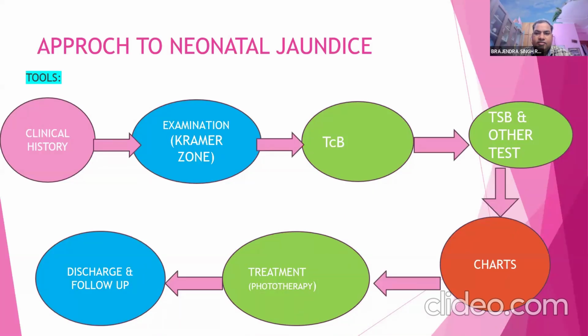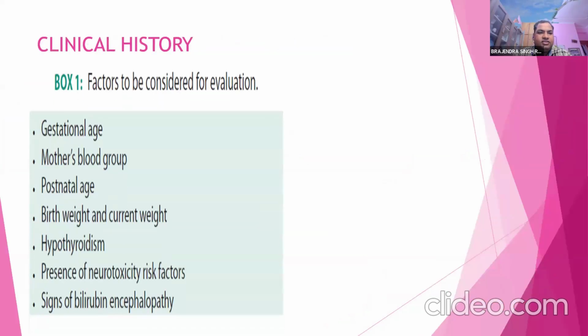So we can follow this cycle properly at an early periphery center to manage the baby at the periphery without any morbidity. So in clinical history, we just ask these important factors like gestational age, mother blood group, postnatal age, birth weight and current weight, hypothyroidism, presence of neurotoxicity factor, and sign of bilirubin encephalopathy.